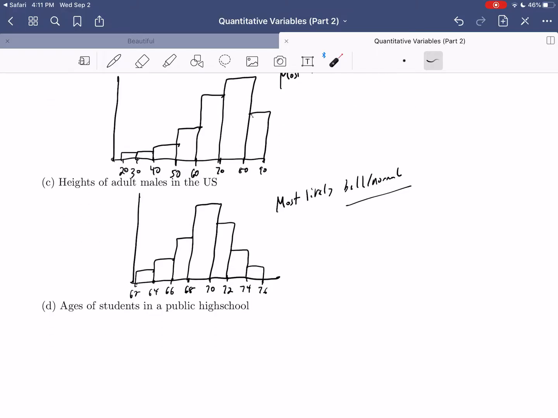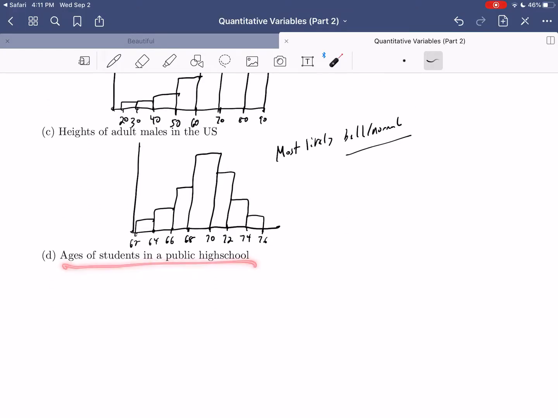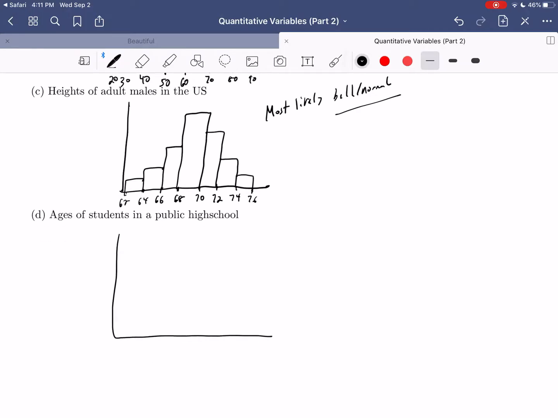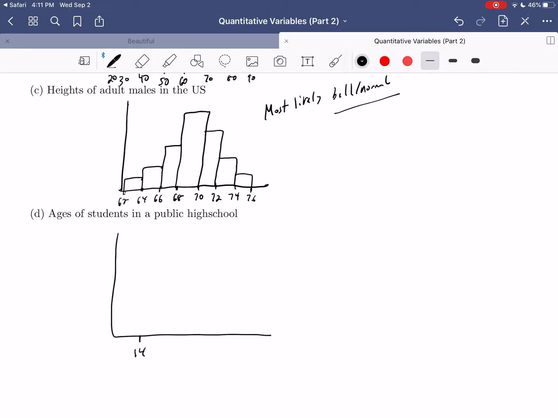All right. Finally, for ages of students in a public high school, what is the most likely shape here? Well, if we think about the common ages, there's probably 14 and 15, 16, 17, 18. If you go through the school, there's going to be a lot of students in each of those ages because those ages represent the main grades: freshman, sophomore, junior, senior.